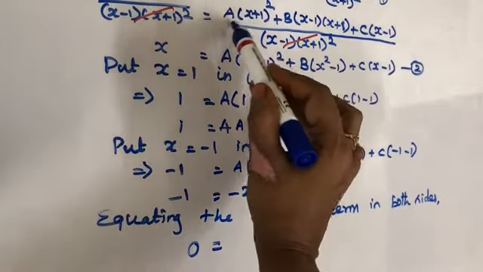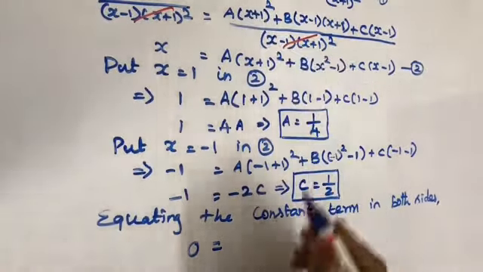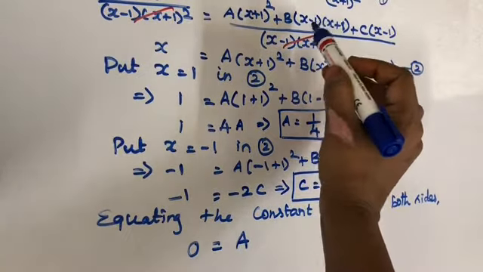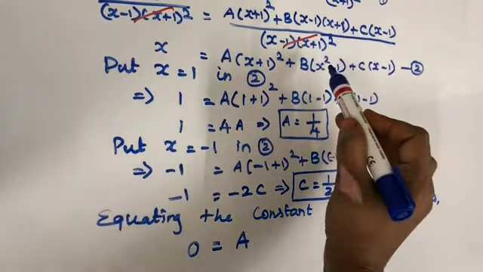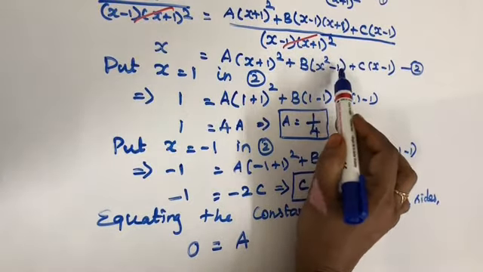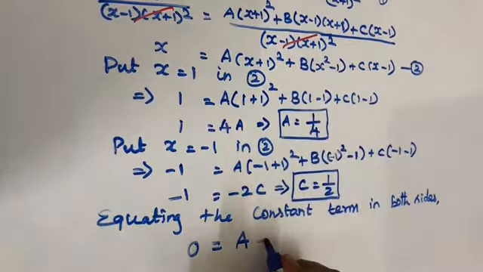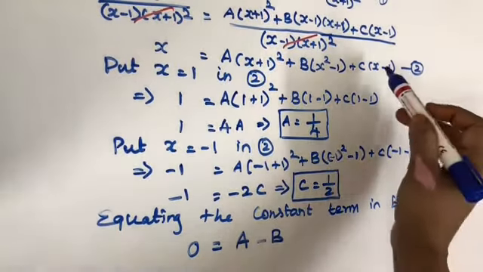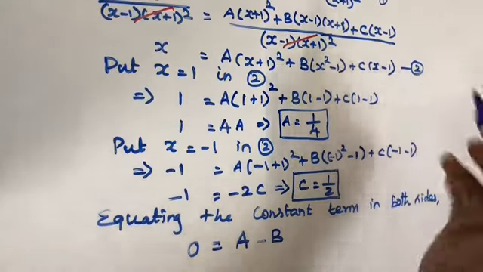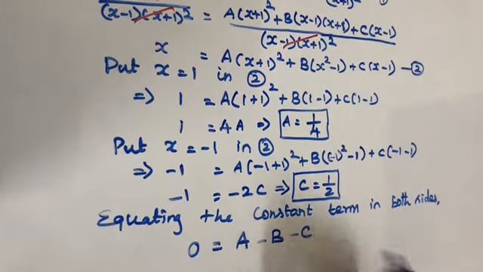So, one constant term is 1 into a. Here as well (x minus 1) into (x plus 1) is x square minus 1. So, another constant term is minus b. What about this c into (x minus 1)? Okay, minus c. So, here also one constant term, it is minus c.